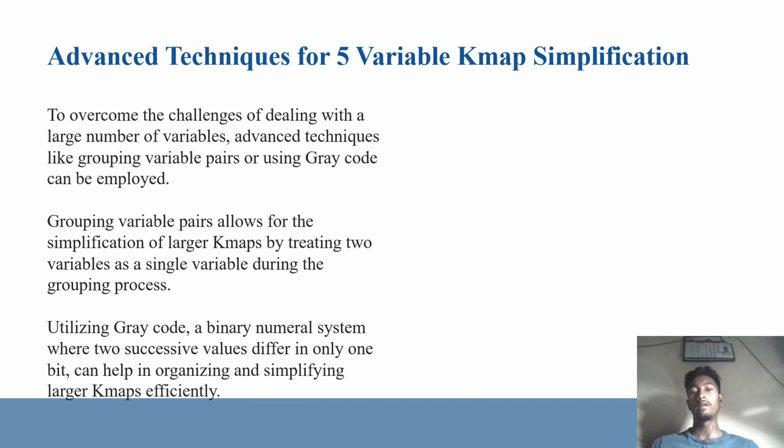Gray code is a binary numeral system where two successive values differ in only one bit. This can be pretty helpful in organizing and simplifying these larger K-maps efficiently and effectively.